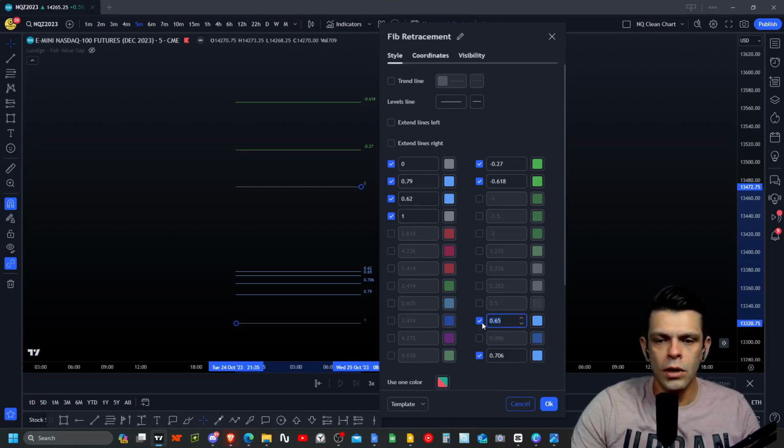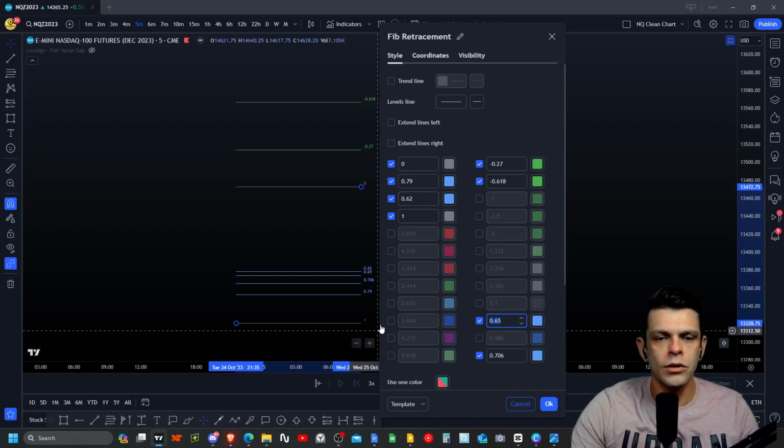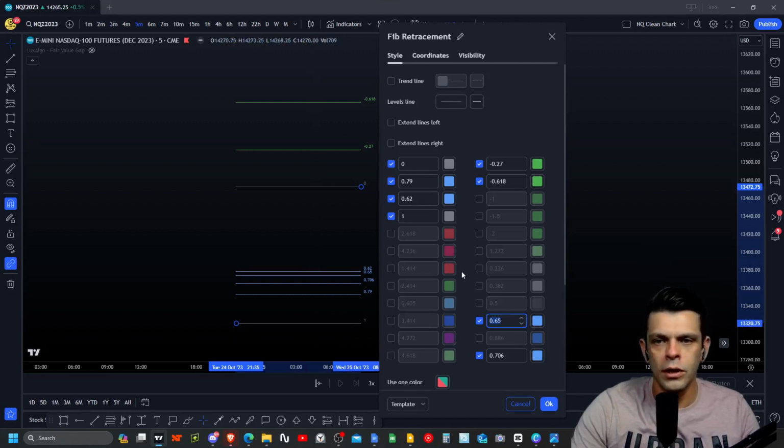And then I also have the 65% retracement level. The area between the 65 and the 62% retracement level is known as the Fibonacci golden pocket. And then for our take profits, we'll be using the negative 0.27 and the negative 0.618.